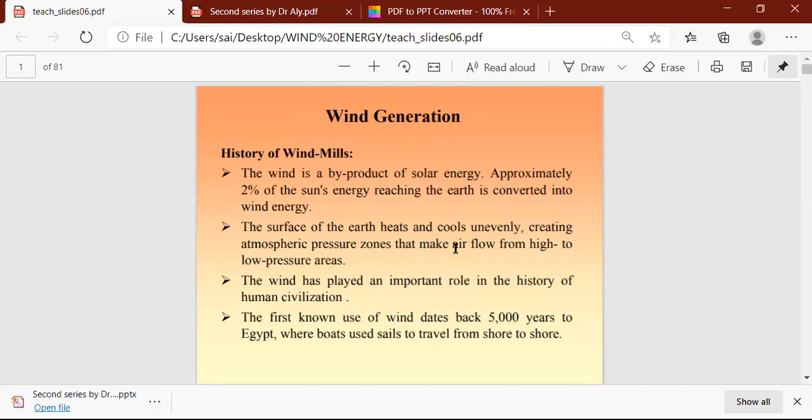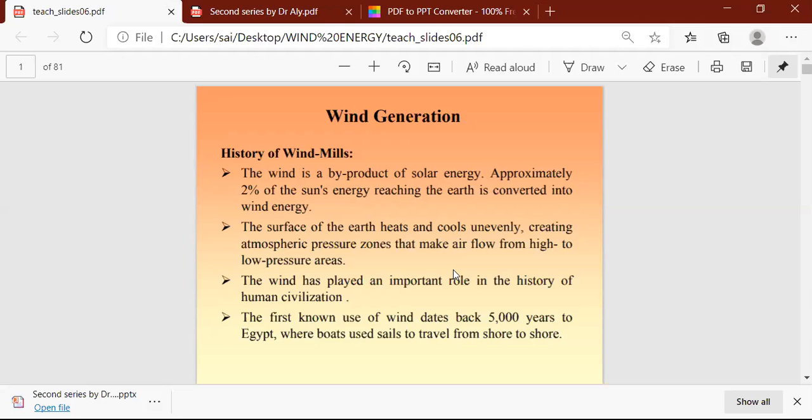So in this subject, we learn how wind is utilized to produce electricity, how that electricity should be connected with your electrical networks, and the economy of wind power generation. So this is all about wind energy and wind generation.